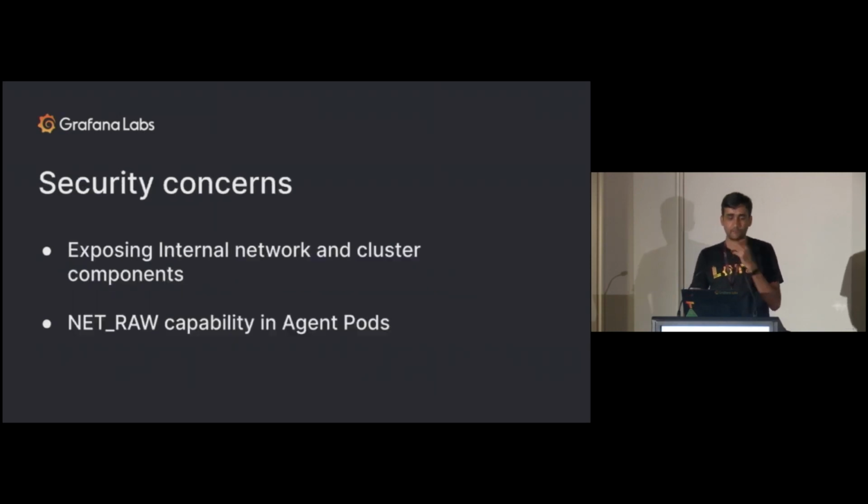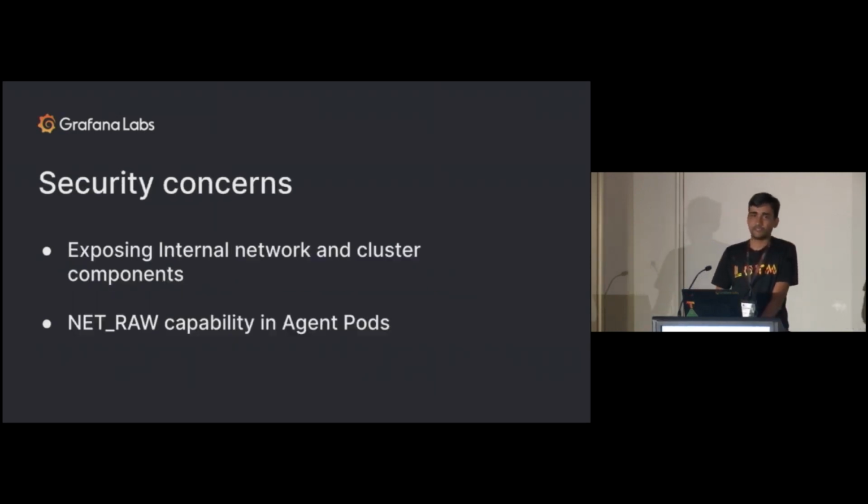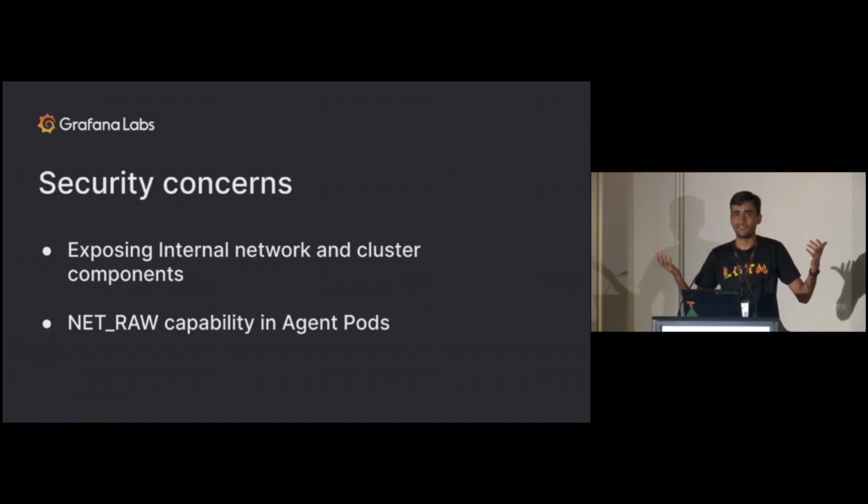And then we had a bunch of security concerns. You want to use Kube, but Blackbox Exporter needs the NET_RAW capability to do ICMP pings, and NET_RAW is not recommended. You shouldn't grant your pods NET_RAW capability if you're running on Kube. So this was a really big deal.